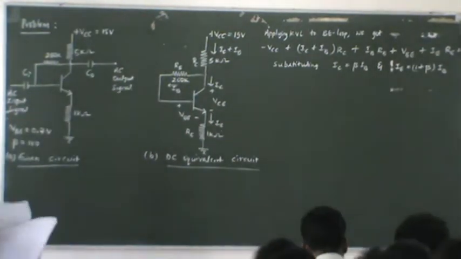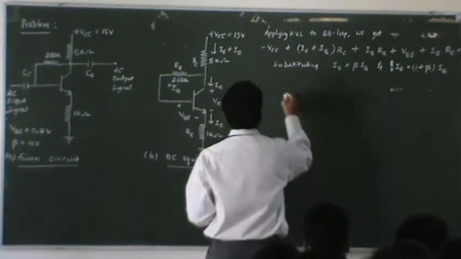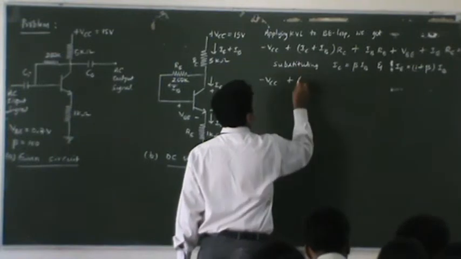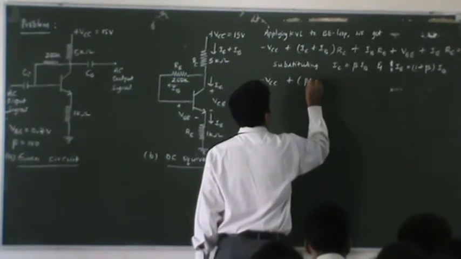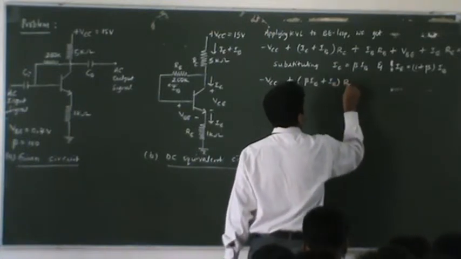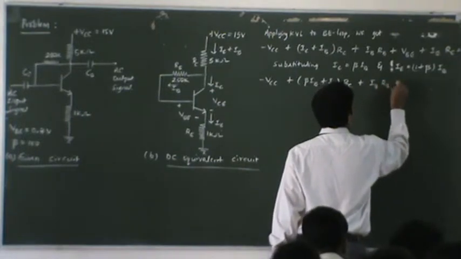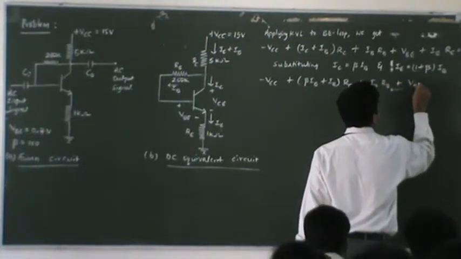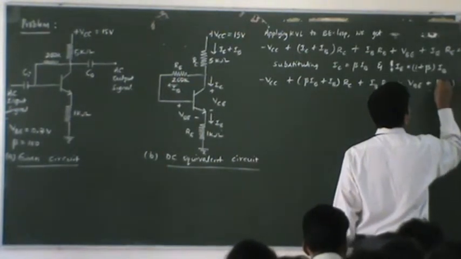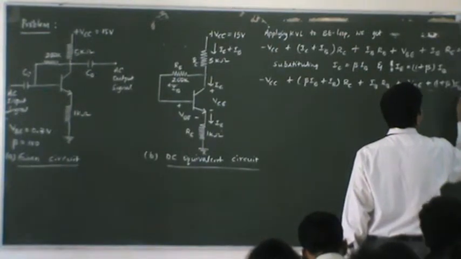Simplify this equation after substituting. So minus VCC plus, instead of IC we have beta IB plus IB times RC plus IB times RB plus VBE plus 1 plus beta times IB times RE, which is equal to 0.